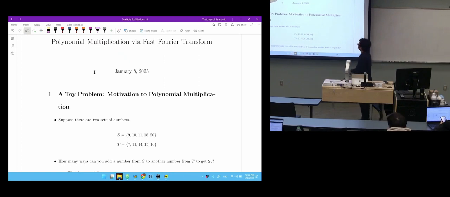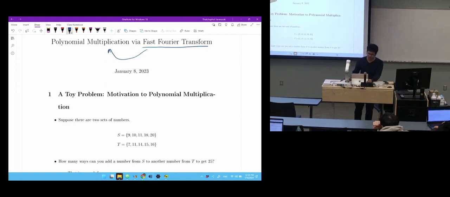Anyway, next problem is polynomial multiplication. Before I define the problem, let me give you a toy problem that motivates this. By the way, the technique that we're going to learn to do polynomial multiplication fast is the fast Fourier transform, the thing that I mentioned in the first lecture that is very impactful.